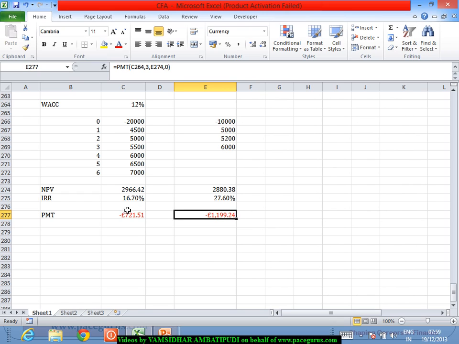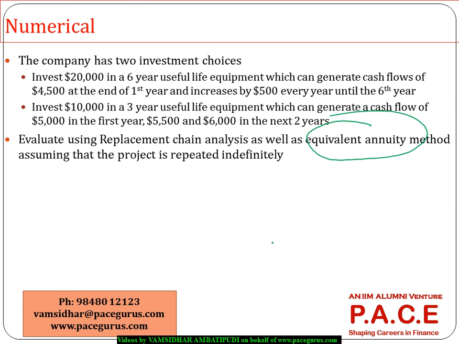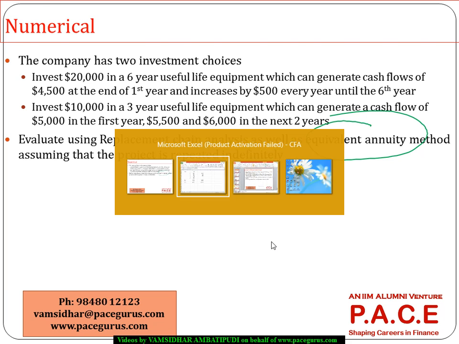I don't need to consider the negative values because we are just seeing the annual value equivalent, since the years are different in both cases. So I am trying to find out what is the equivalent per year. The equivalent per year computed by the PMT mechanism in this case is slightly higher, close to 1200 bucks compared to 720 bucks. So that is why we say project 2, or equipment 2, is more preferable compared to equipment 1, even going with the equivalent annuity approach.